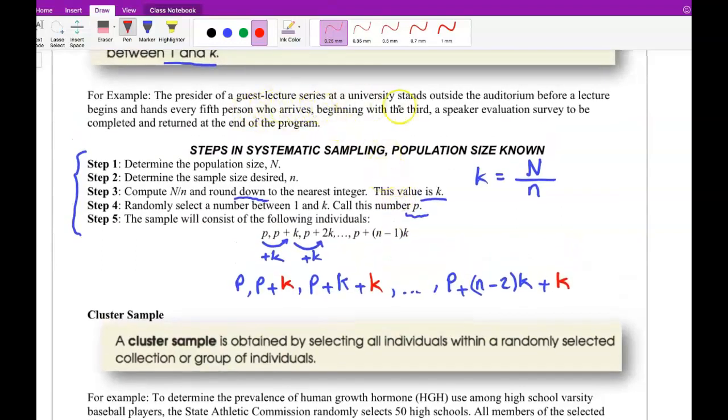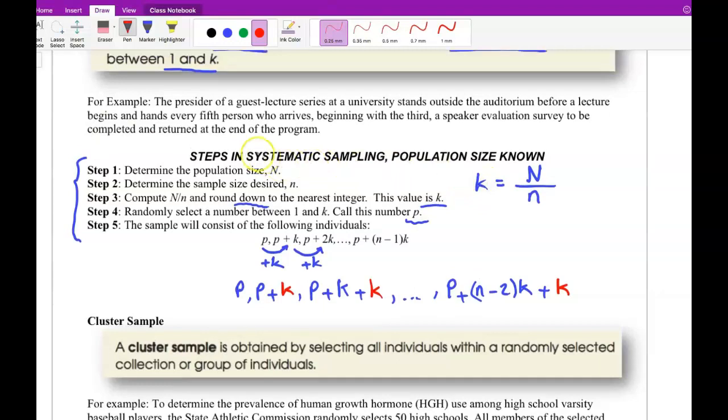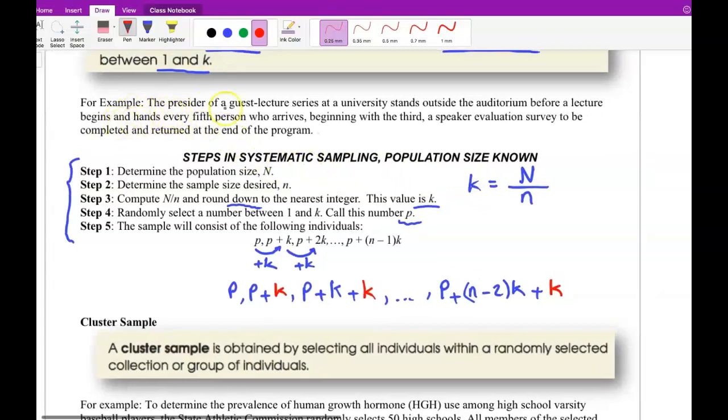Okay, now let's see what that is. As I said, you should move every k. The first step is choosing the first one. Okay, the survey begins and ends every 5th person who arrives.